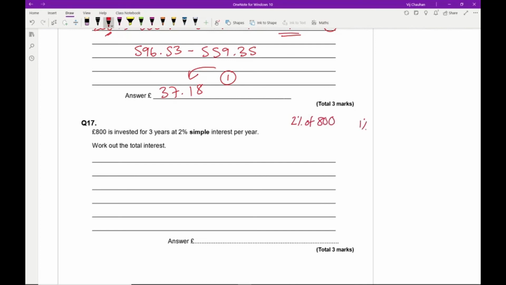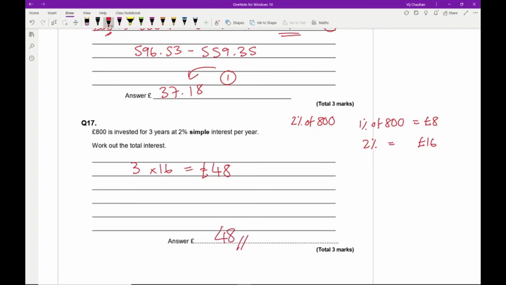Now 1% of 800 is £8, so 2% is going to equal £16. So I'm going to get £16 for 3 years. So here it's going to be 3 times 16, which is 48. So the total interest you're going to get is going to be £48.